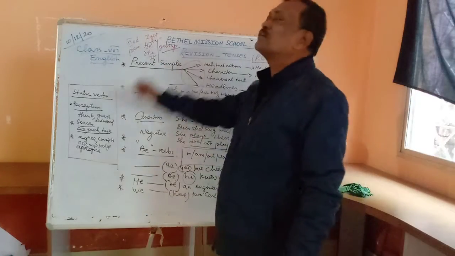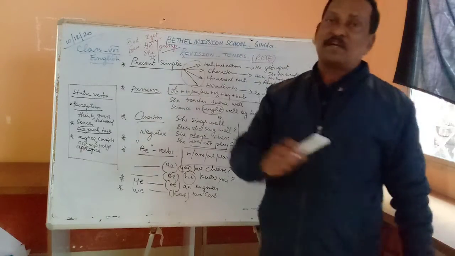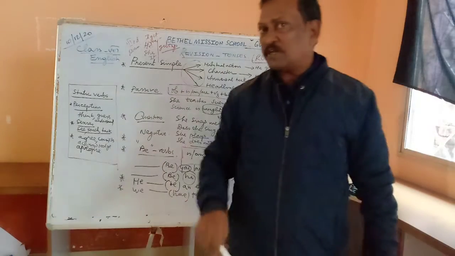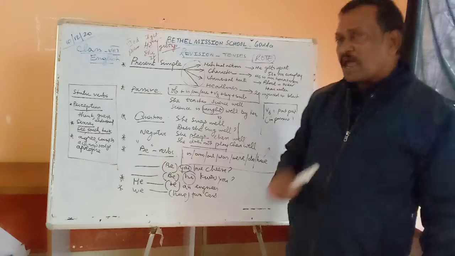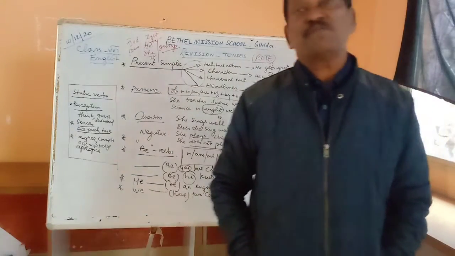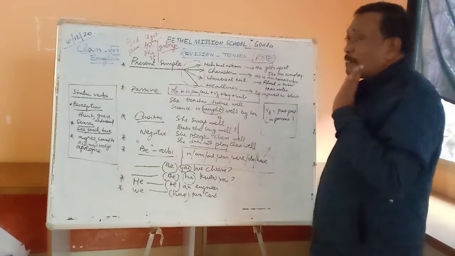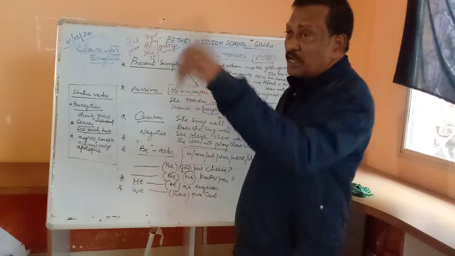Okay, so he, she, it also has the same structure? No, you must be aware of the change here. Being aware of the change is the first step to rectify the mistake. Awareness is required. If you are aware, then mistakes become less. So, I repeat, he, she, it.